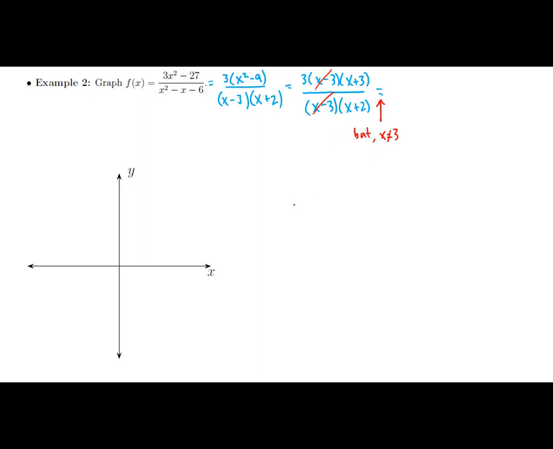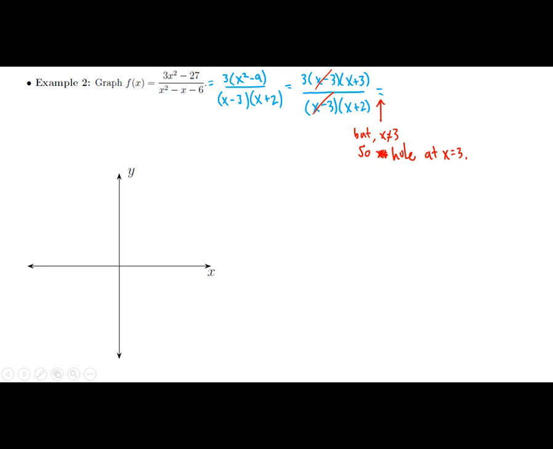Even though they kind of disappear in a sense, you still can't allow 3 into your function because it'll still cause you to divide by 0 in this original function. But other than that, let me say it this way. So there is a hole at x equals 3.